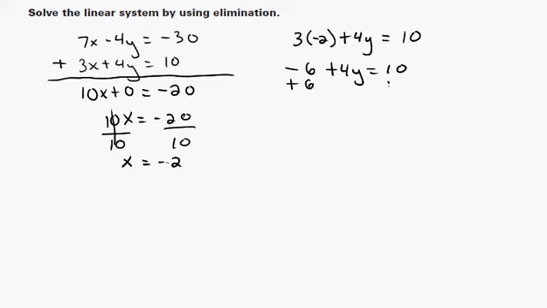So if I add 6, I have to add 6 to this side to balance my equation. This cancels, and I get 4y equals 16. And then to solve for y, I have to divide by 4. We divide by 4, and we get y is equal to 4. So the ordered pair, that's the solution to this linear system, is the ordered pair negative 2, 4.